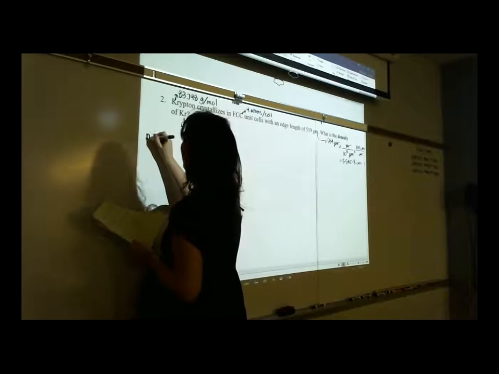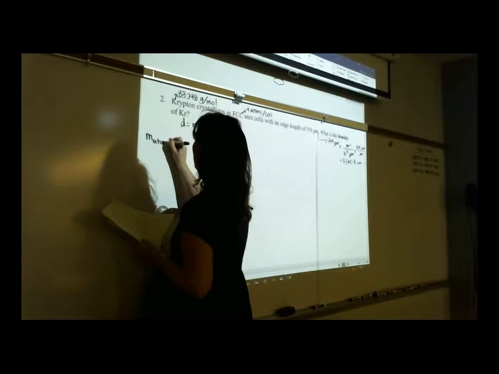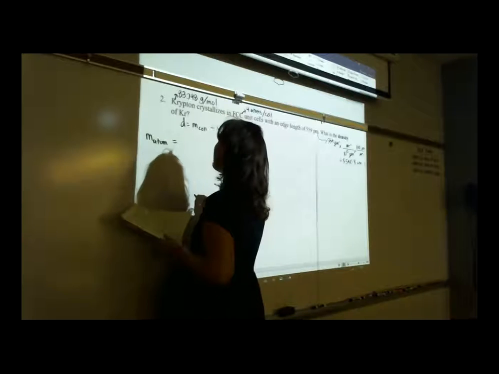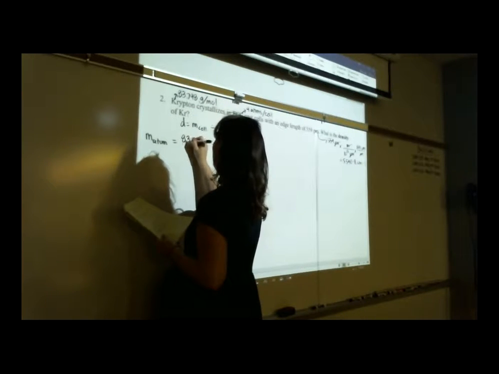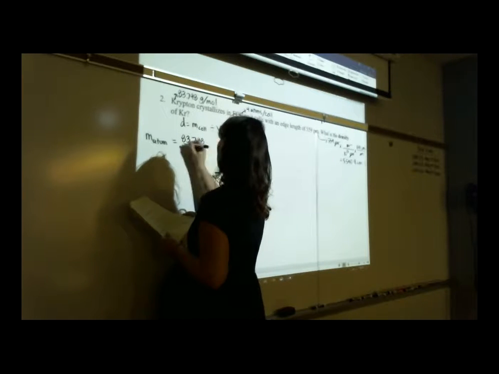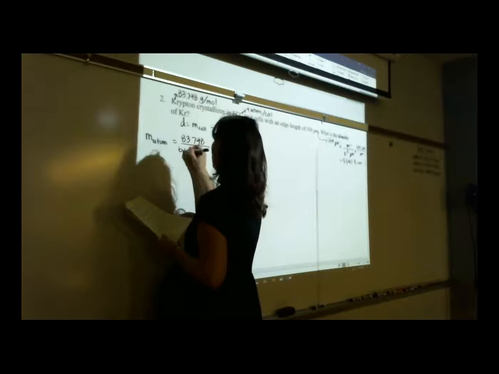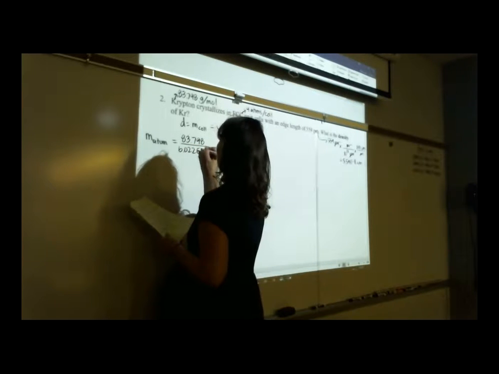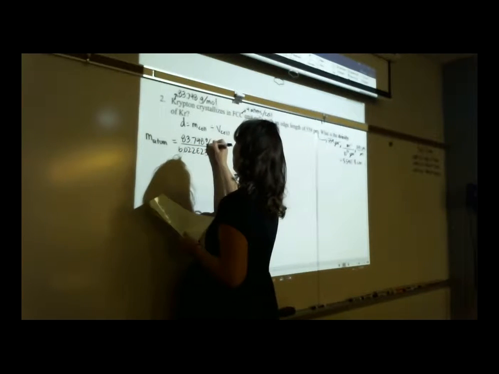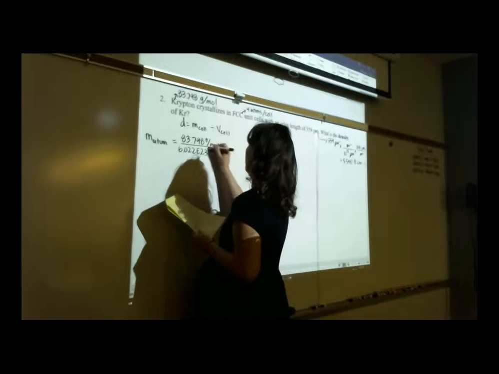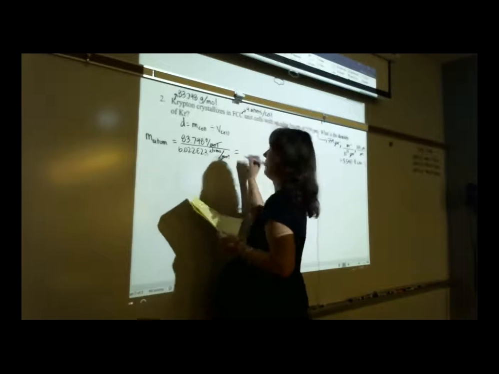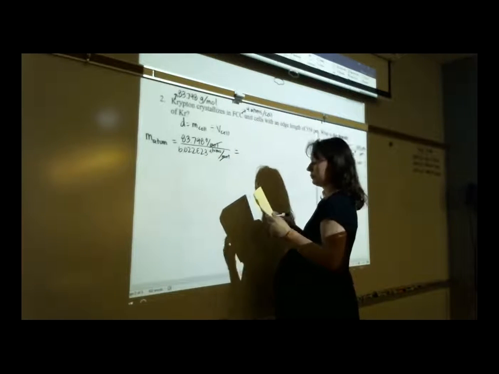So mass of an atom is 83.798 divided by Avogadro's number. Because if this is grams per mole and this is atoms per mole, you get the mass of a single atom.